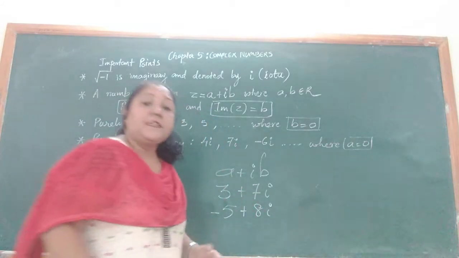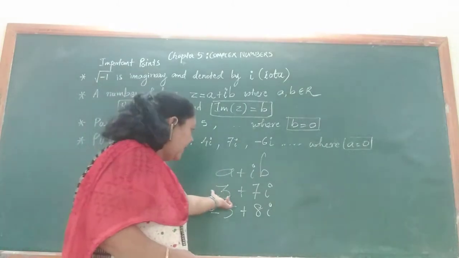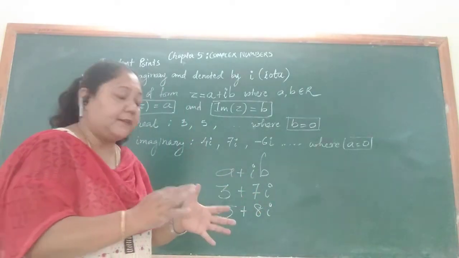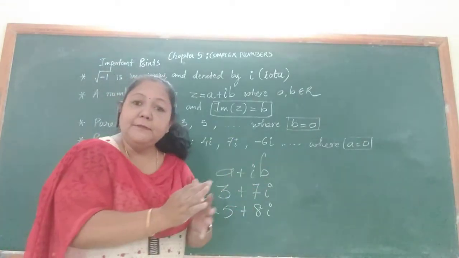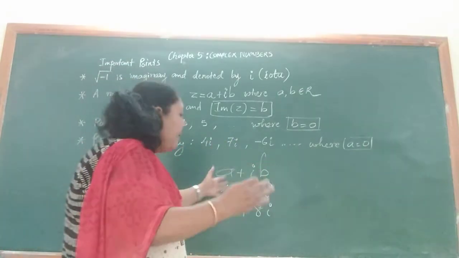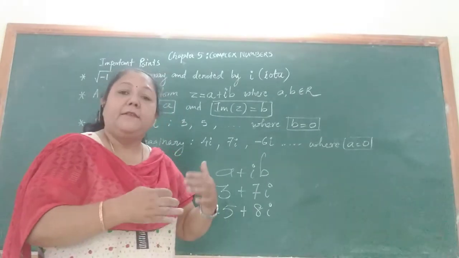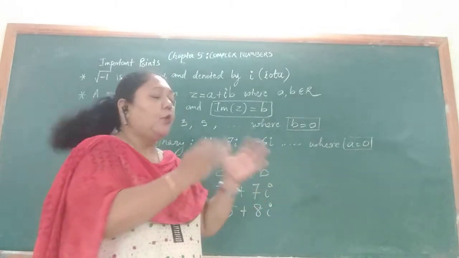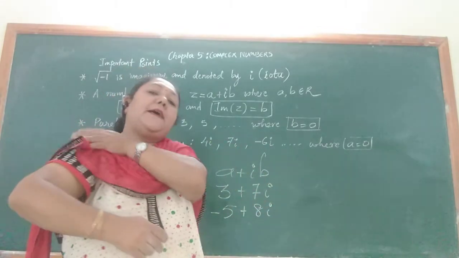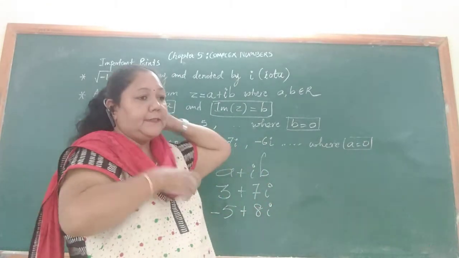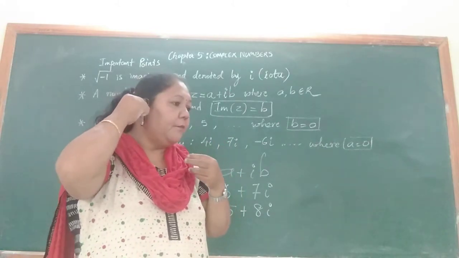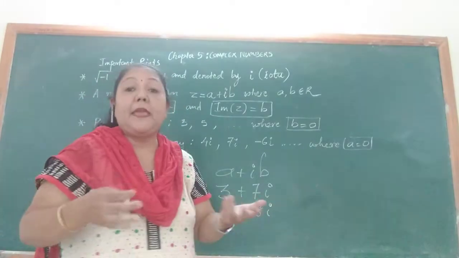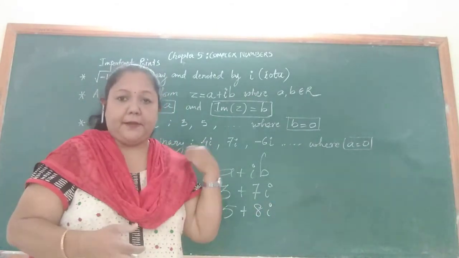Suppose I mix my real number and my imaginary number, I add or subtract them together and bring them together, that is pure real plus purely imaginary, then what happens is I make up my complex number.